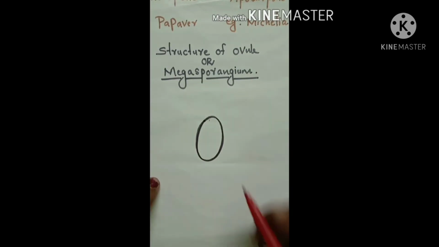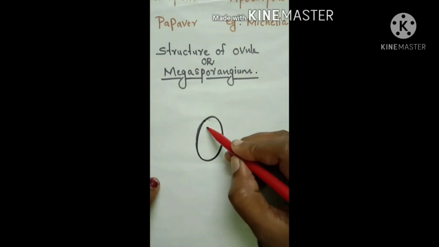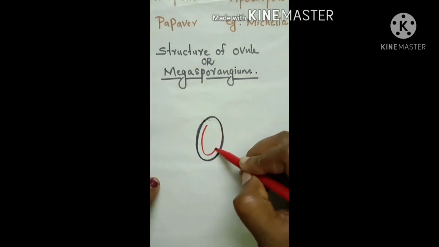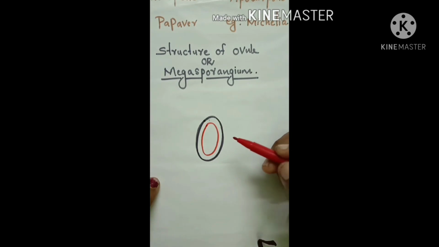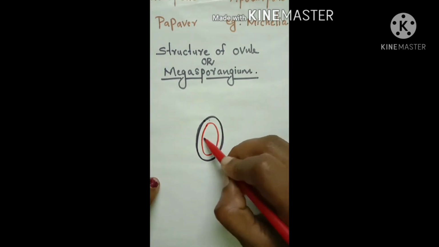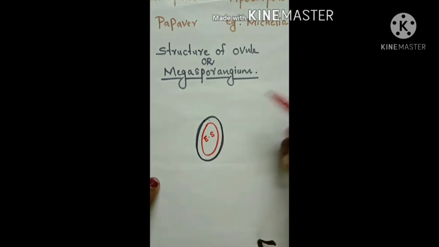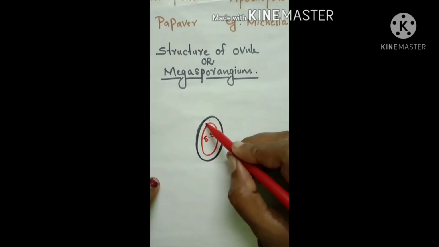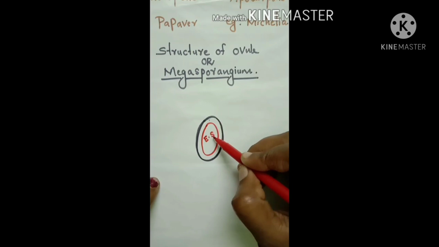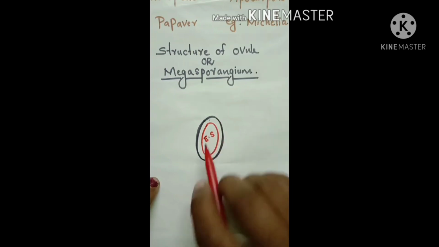One of the cells inside the nucellus is converted to the embryo sac, or otherwise called female gametophyte. This is the embryo sac. We can study the formation of embryo sac later. So this is nucellus. Inside the nucellus we can see the embryo sac.